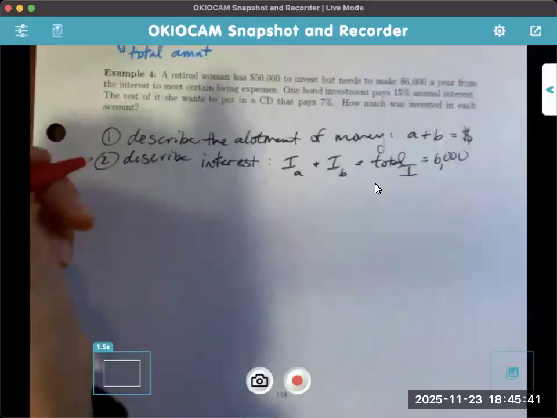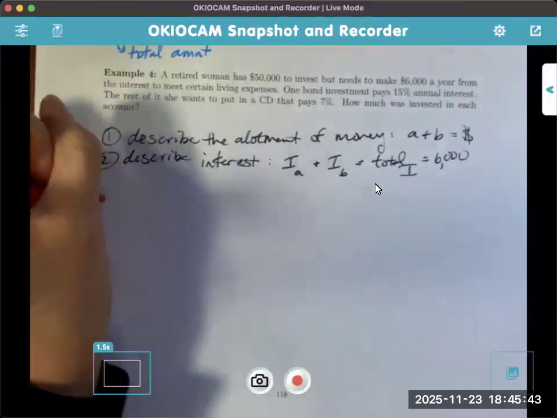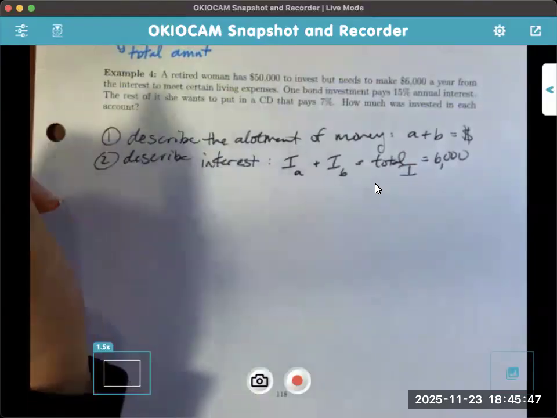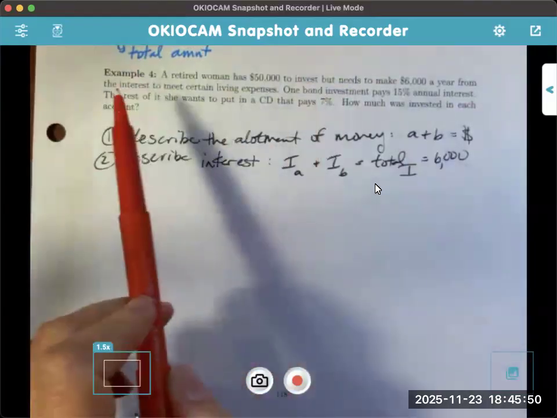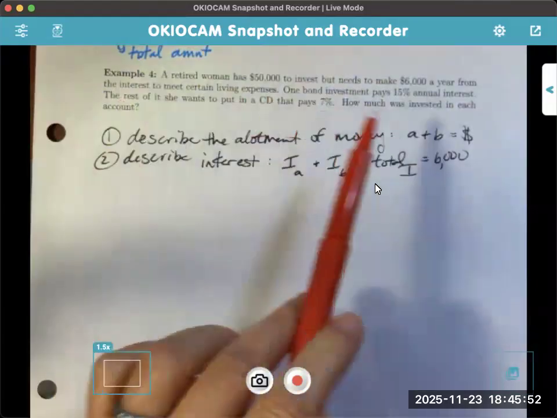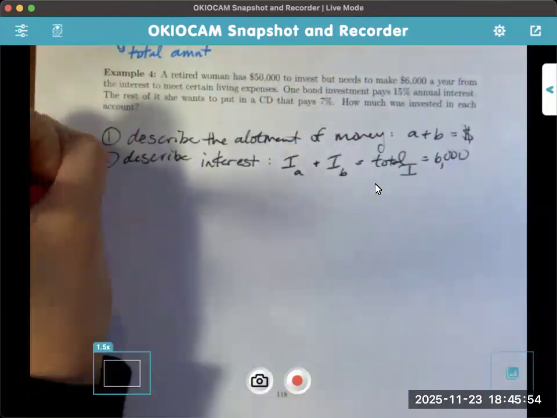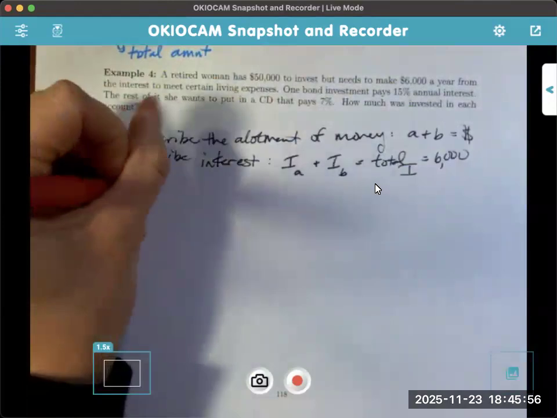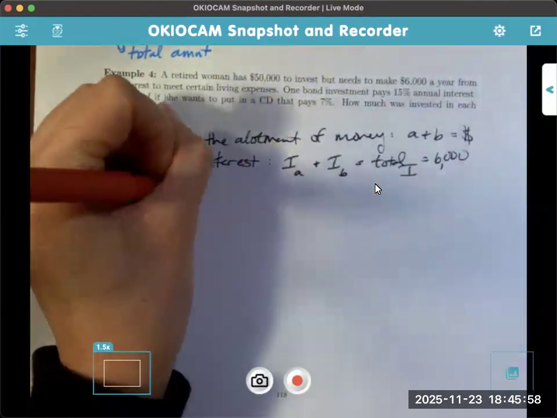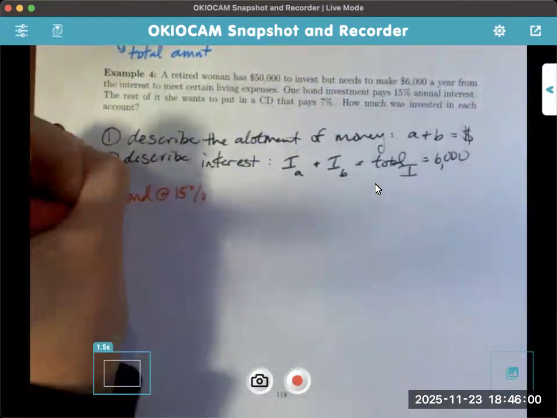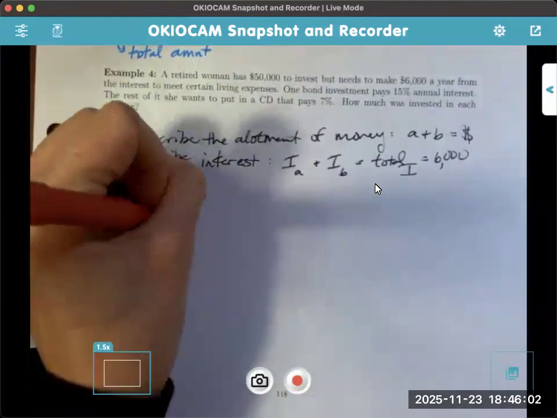Okay. So if I say we have $50,000 to spend, right? Interest from one bond and then CD. Okay, so I'll say B for bond at 15%, and then C for CD at 7%.